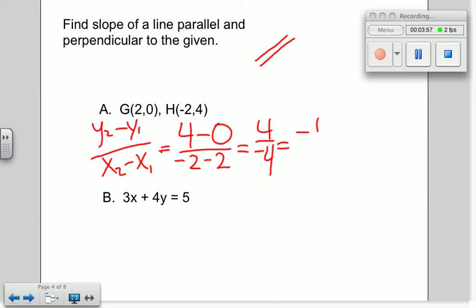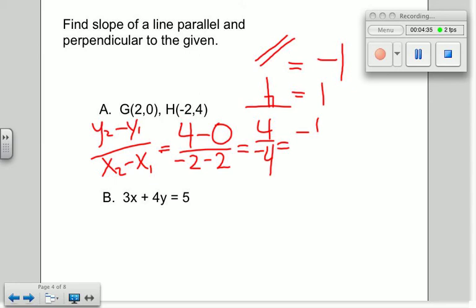So our parallel slope for this first example is negative 1, because parallel lines have the same slope. We also want a perpendicular slope. The perpendicular symbol looks like a right angle, the little box. So a perpendicular slope to this is going to be flipped opposites. The opposite of negative 1 is positive 1, and 1 over 1 is just going to be 1 over 1.